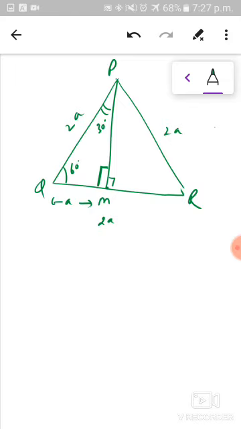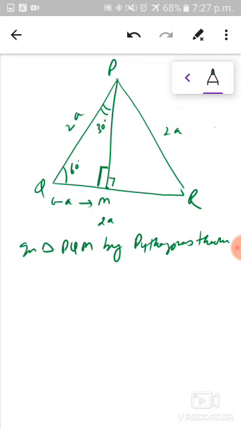Okay. Now in triangle PQM, by Pythagoras theorem, we can find the value of PM, that is PQ square minus QM square.